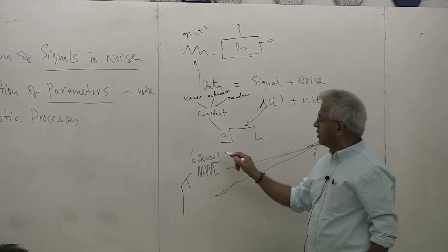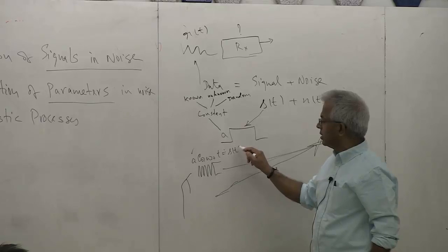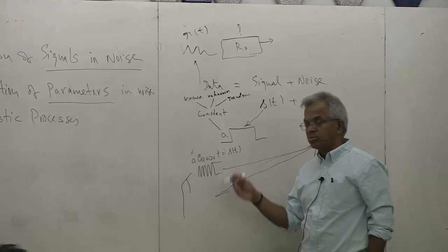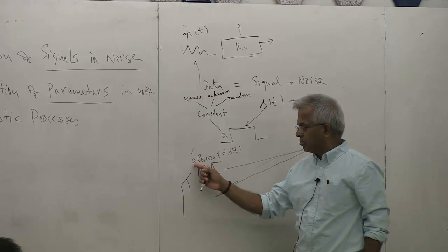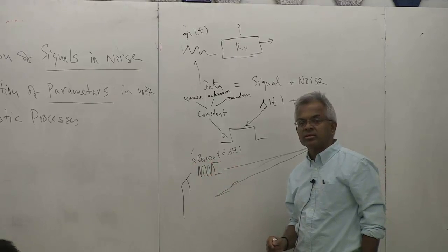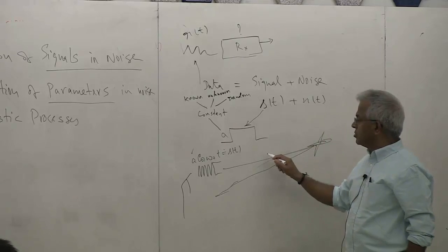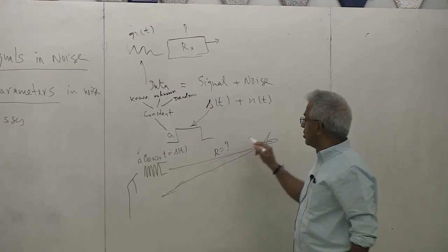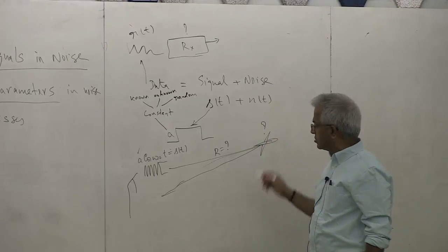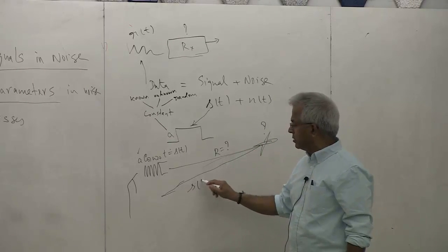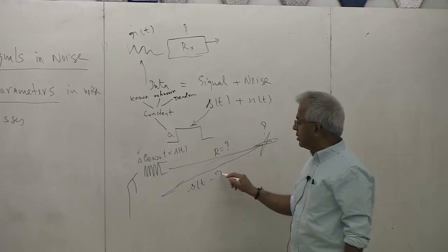So if I call this S of t, remember S of t in this case is a deterministic signal because you know everything about it, the amplitude and the frequency. And when it comes back, of course, you don't know how far this is. You don't even know whether there is a target. Suppose there is a target, then what is going to come back is a delayed version of this.